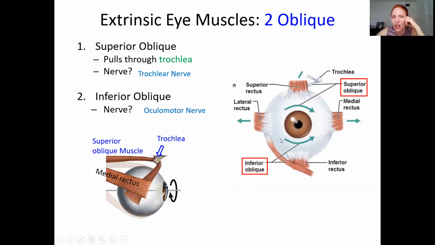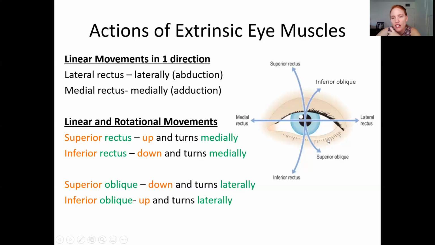This is the other eye, but if you imagine the muscle at an eye, it would attach right about here, and as it pulls on it, it's going to pull it up and out.